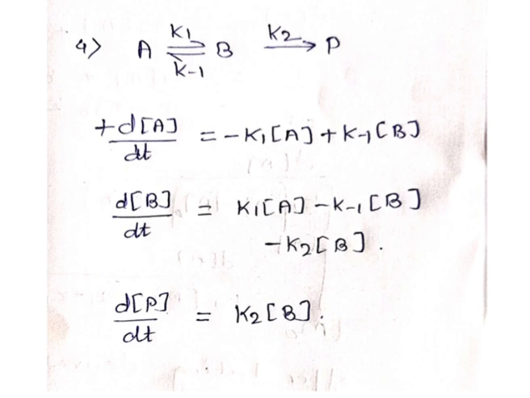Then the next intermediate is B. So dB by dt, or the rate of change of concentration of B with respect to time, is equal to, so B species is forming from A. So formation rate is positive. By which rate is it forming? By rate K1. And from which species is it going to form?